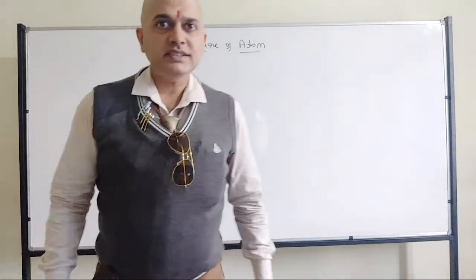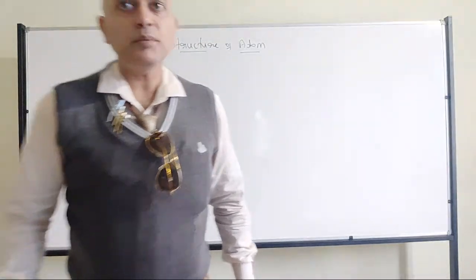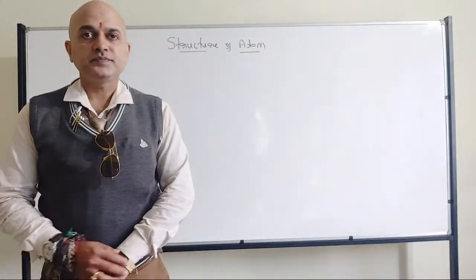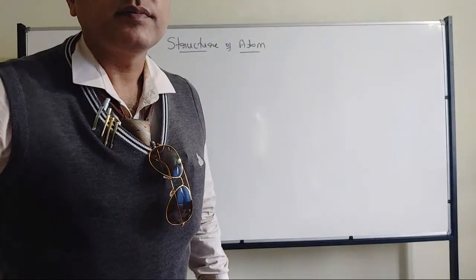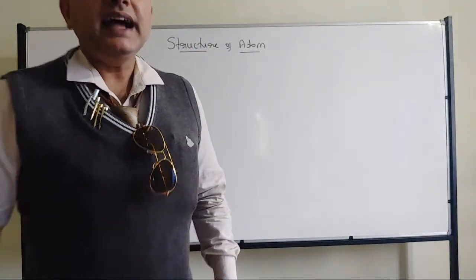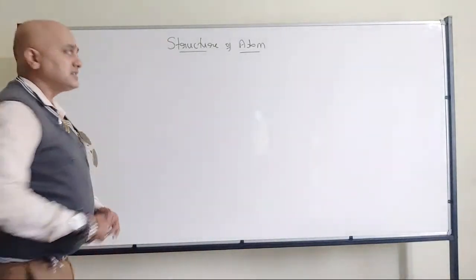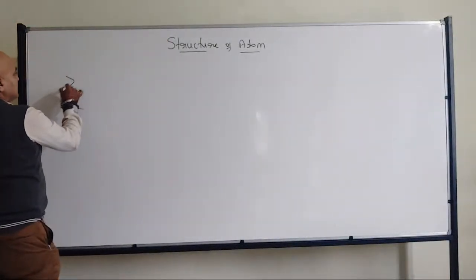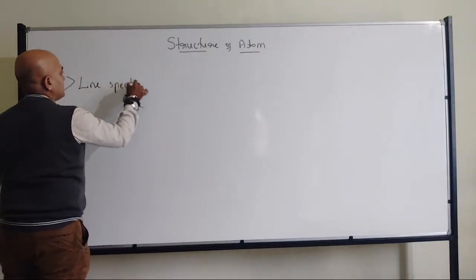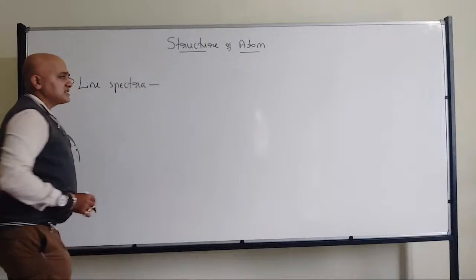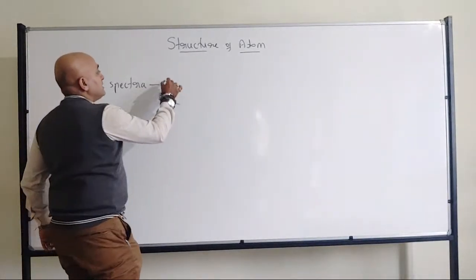So what we have discussed in the last class, some points. Okay, line spectra, very good. So we have discussed about the line spectra, right? So what are the examples for line spectra?